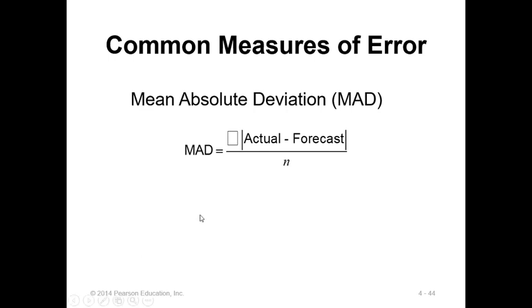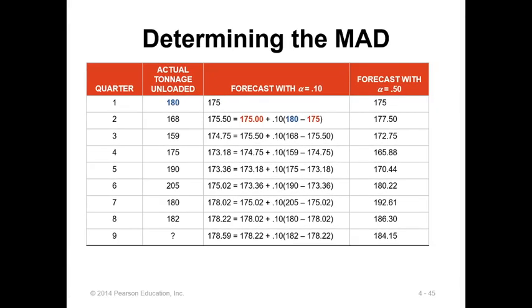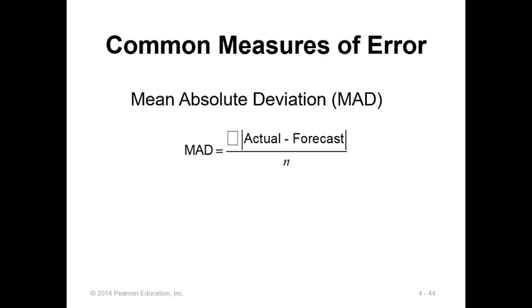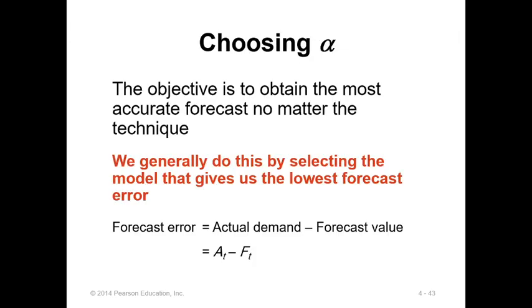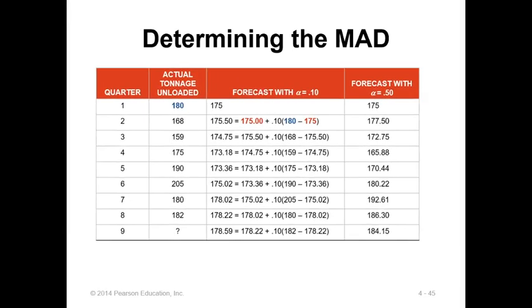Now, let's apply it to our example here. In the first column, you have quarters. Instead of using months, we can also apply forecasting for quarters, as we can see here.